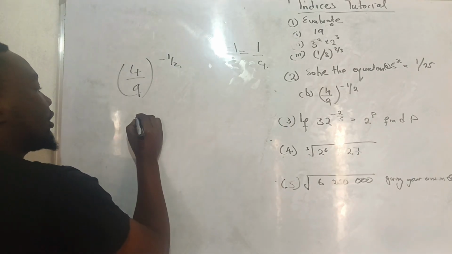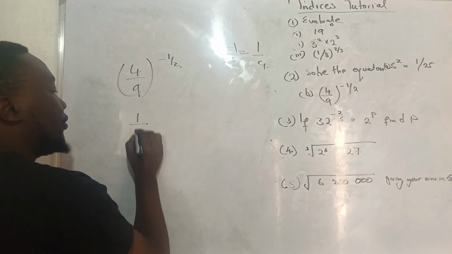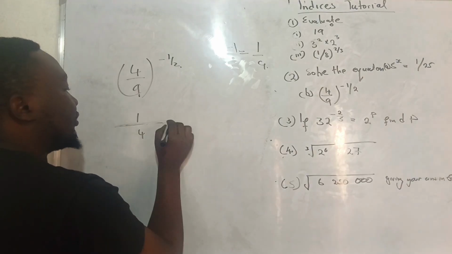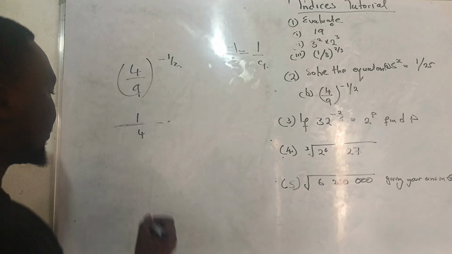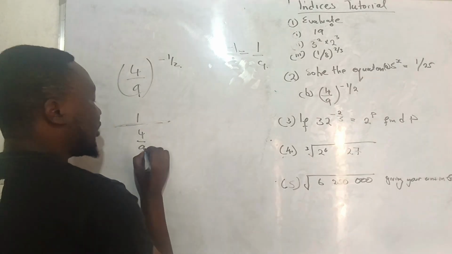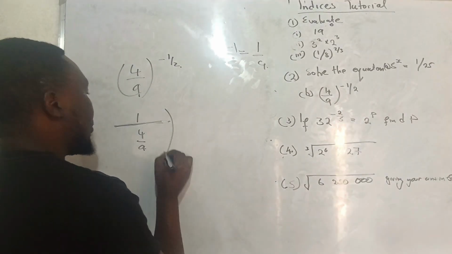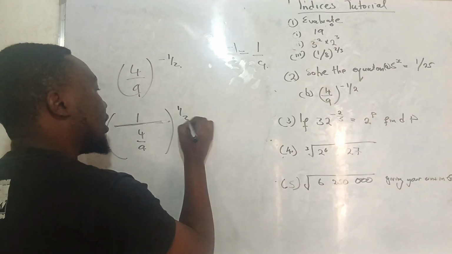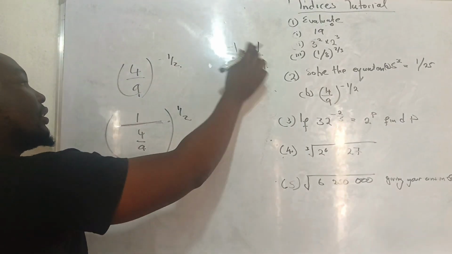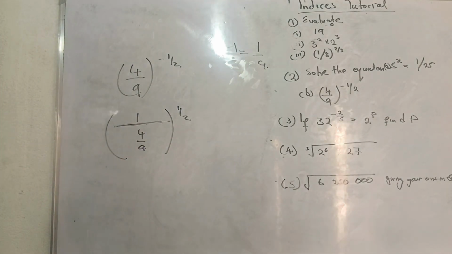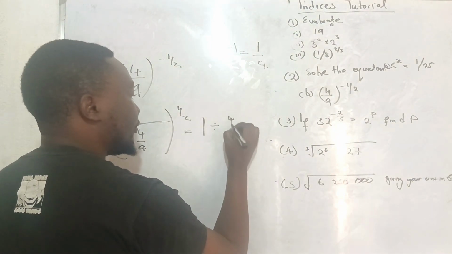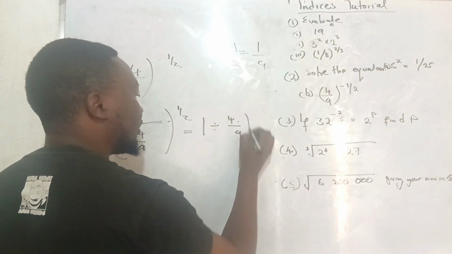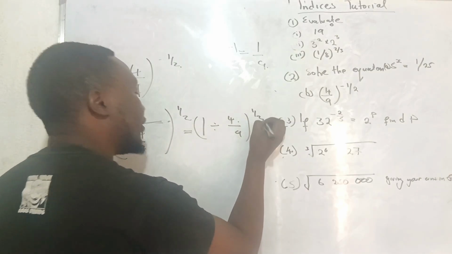So we take our fraction, so it's 1 divided by 4 over 9, to the power half, the negative sign has been moved.